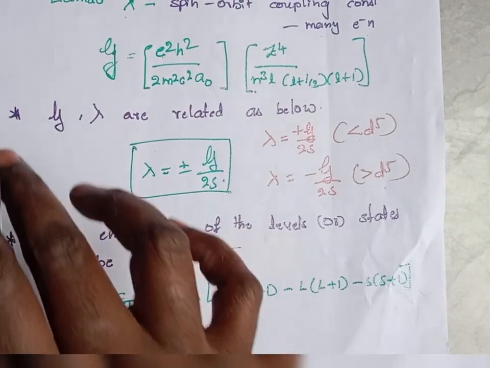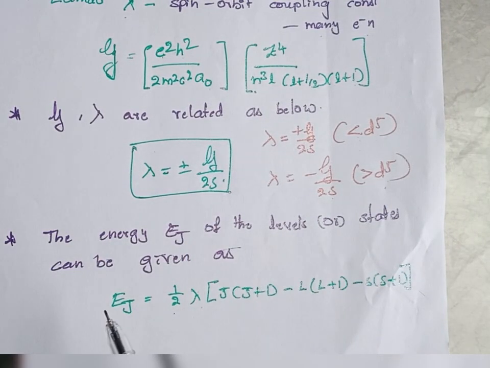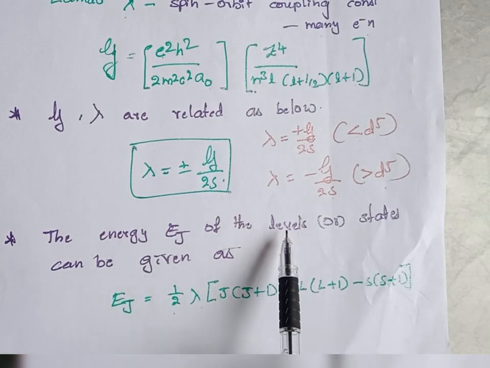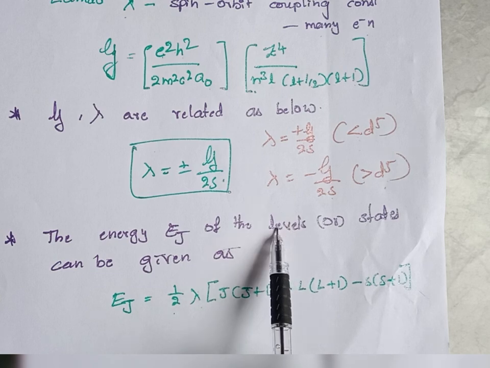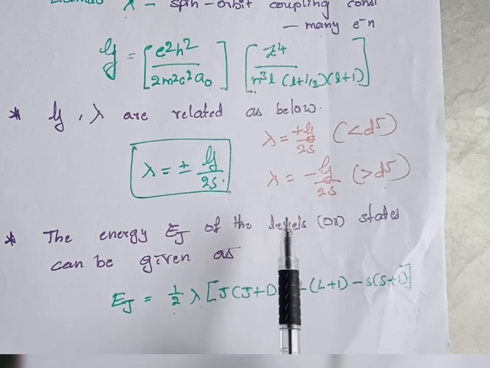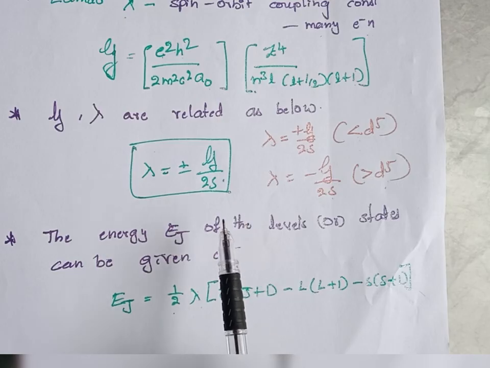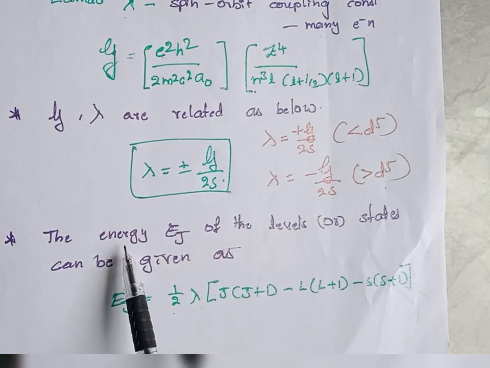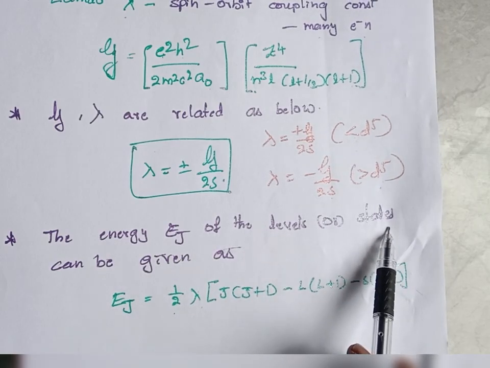The main use of these Bohr's parameters, or spin orbit coupling parameters, is the calculation of the energy of the levels. By using the inter-electron repulsion parameters, we calculated the energy of terms, right? Here we use the spin orbit coupling parameters to calculate the energy of the levels, that is, the energy of the states.